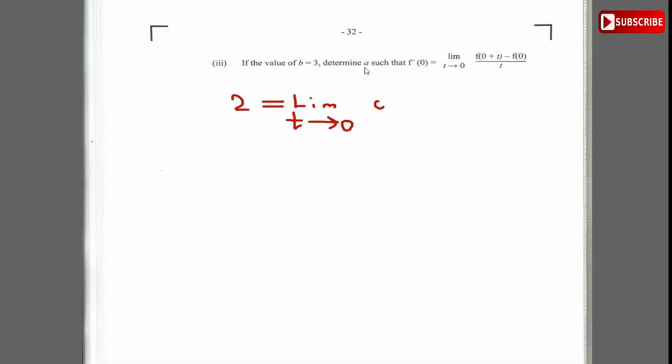And we want to determine a, so I'm going to go to the second one, which was ax. It's going to be a times x, and x is now 0 plus t. And that's plus 3, since ax plus b is now a times 0 plus t plus 3, minus 3, divided by t.